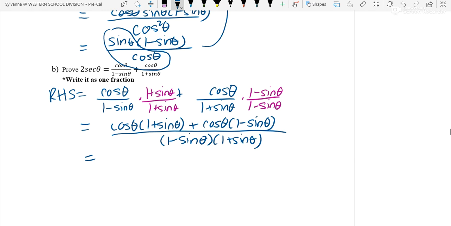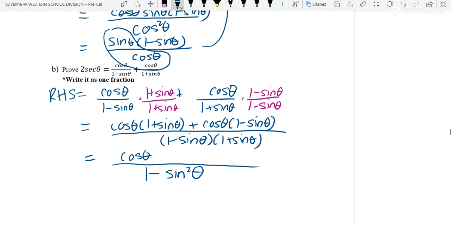So now what I could do is expand the bottom to simplify it. If I expanded the bottom, I would get 1 minus sine squared theta. And then at the top, I can factor out a cos theta.